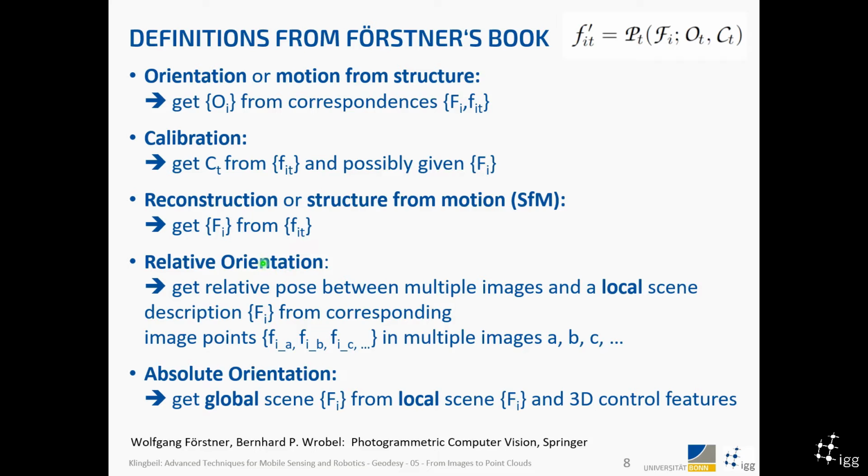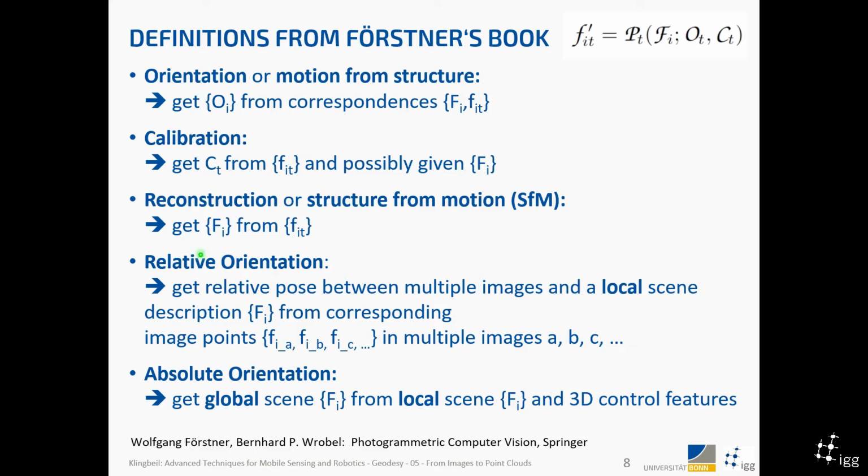Another thing is called relative orientation. Relative orientation means we determine the relative poses between multiple images, and we also determine a local scene description. This is actually very similar to, and done as part of, a later structure from motion pipeline.